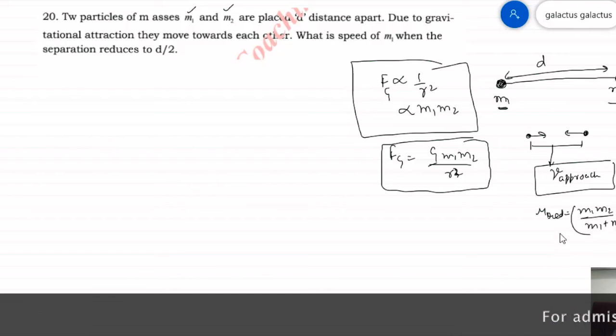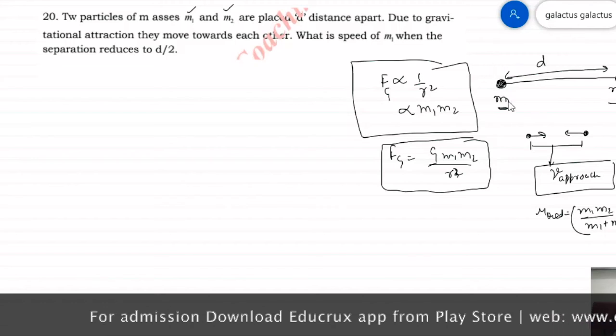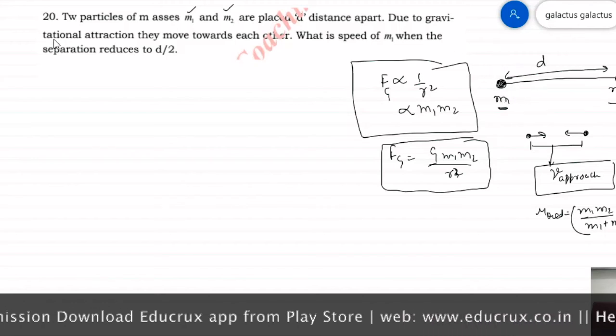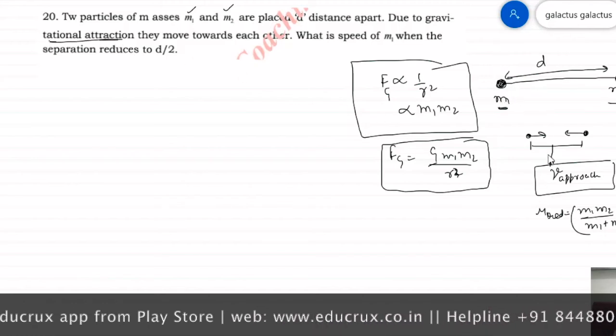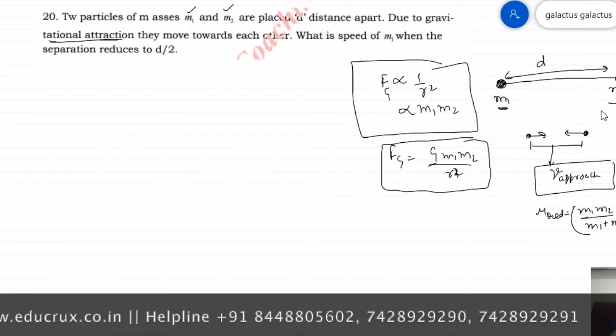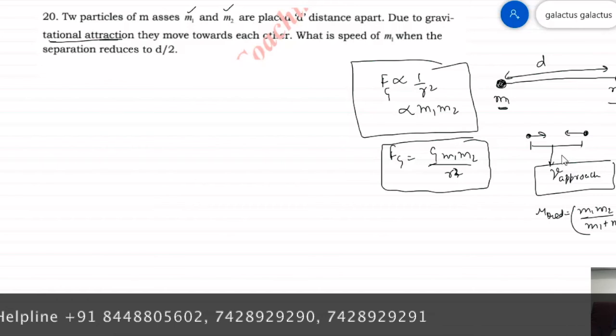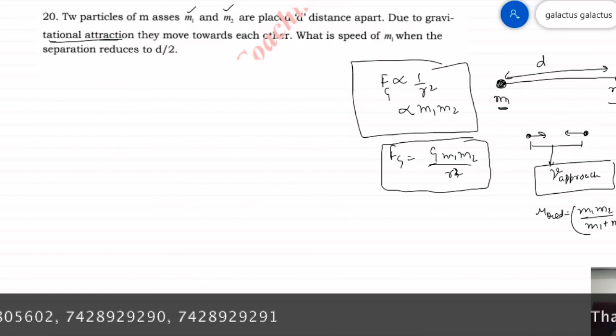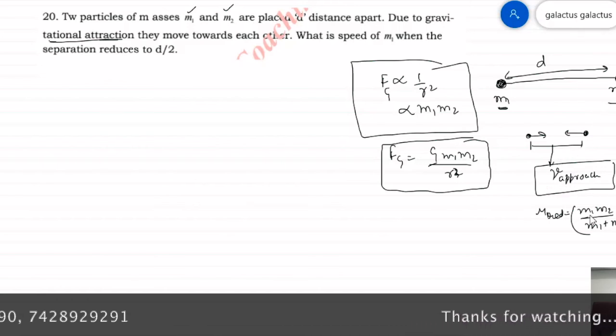So if two bodies kept d distance apart are attracting each other via gravitational attraction, then they will move towards each other with a common velocity v approach.